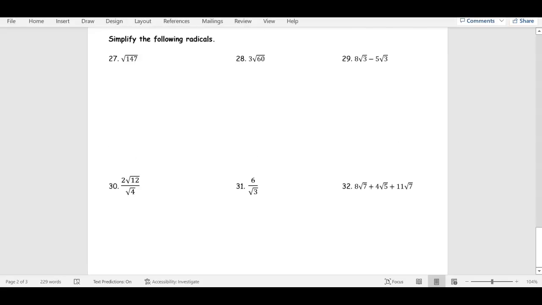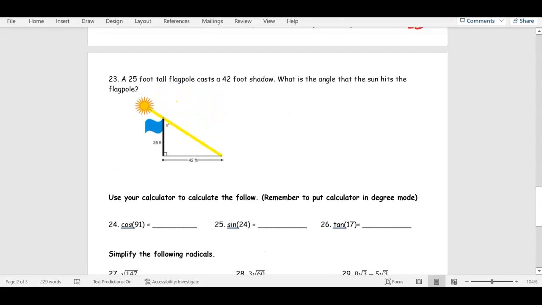Last page. Okay. We're looking for a missing angle again, so we're going to label O, H, and A. H is missing, so it's going to be OA, which is TOA. So tan x equals O over A, 42 over 25.